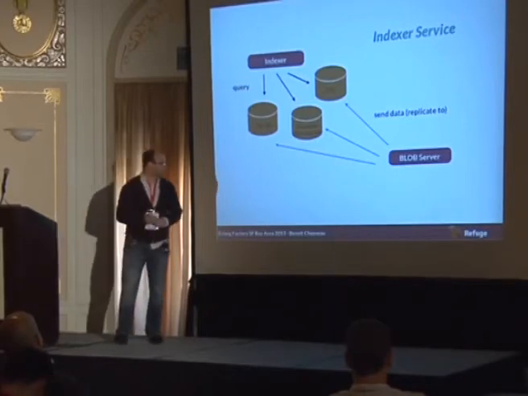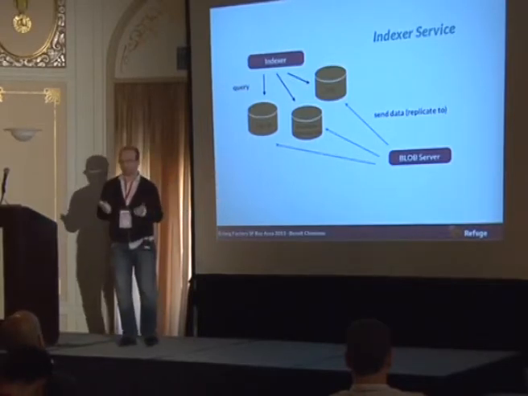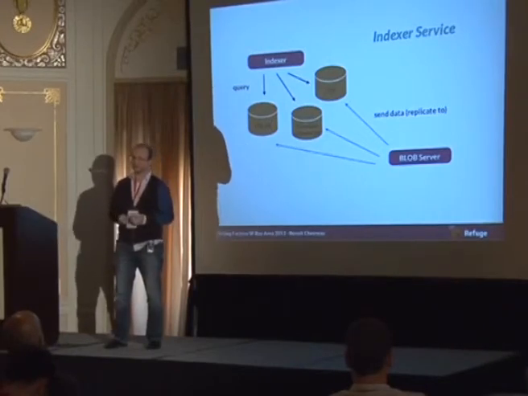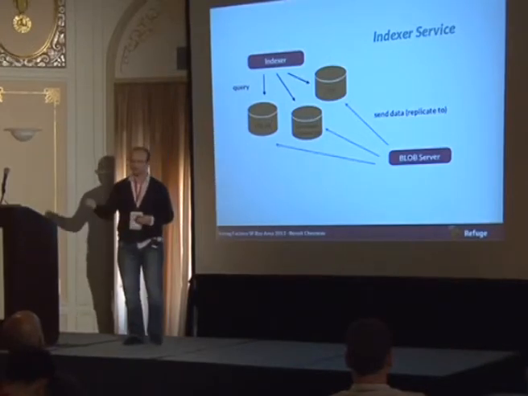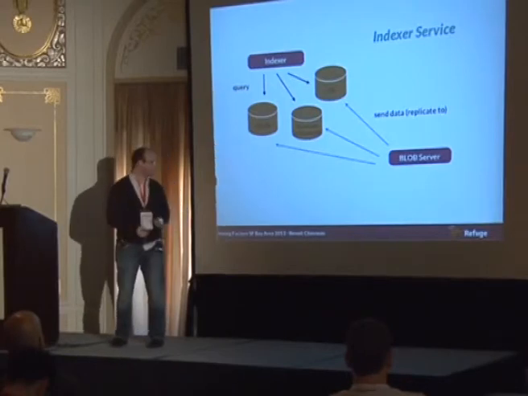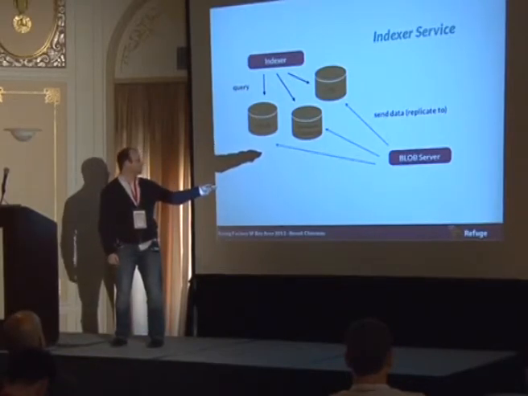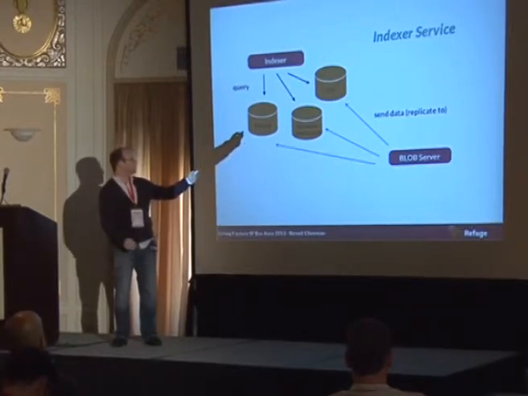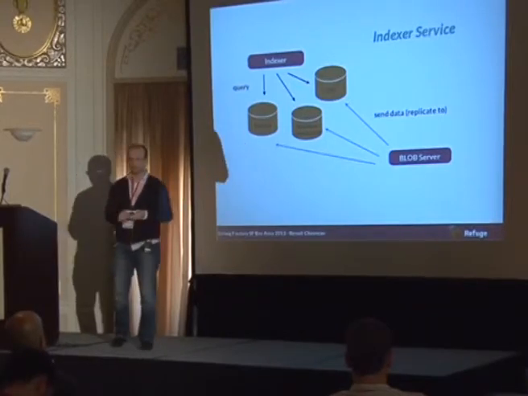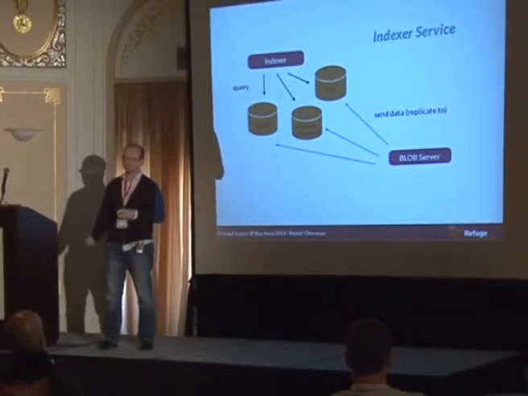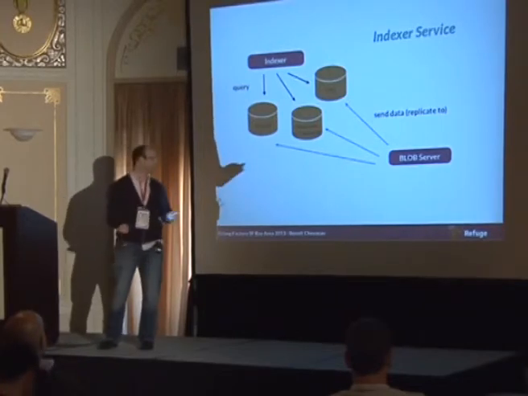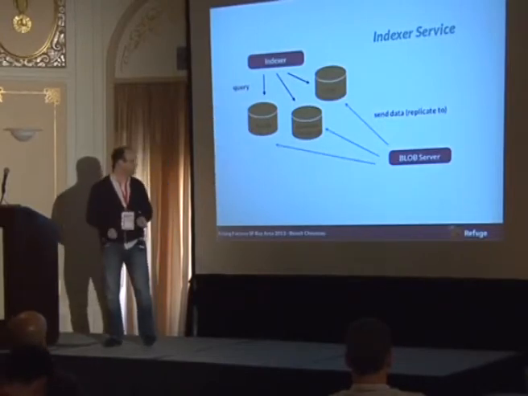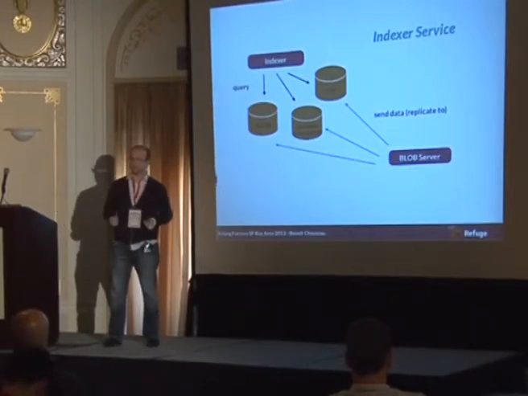Yeah, the indexer service. So once you have a blob server, you have blobs on it, and the second thing you want to do is to index them so you can find them really easily. So you have your blob server that has the synchronous protocol, and this is the synchronous protocol that will be used to send the data to the indexer. And an indexer can be anything you want, anything you have registered.